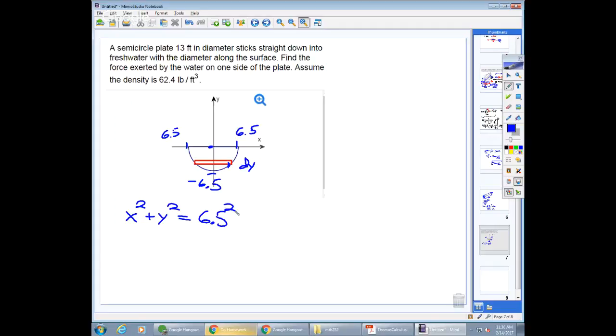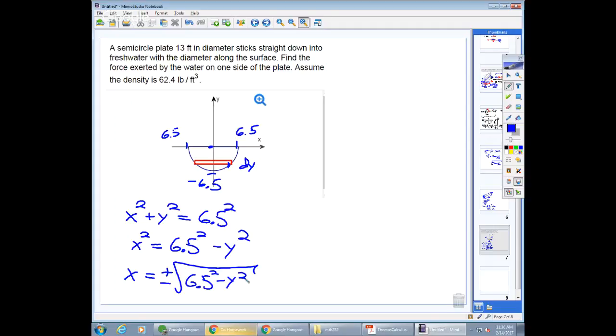Here we need x equals, so if we solve for x, we're going to get x squared equals 6.5 squared minus y squared. So x is plus or minus the square root of 6.5 squared minus y squared. Which do we want, the plus or the minus?